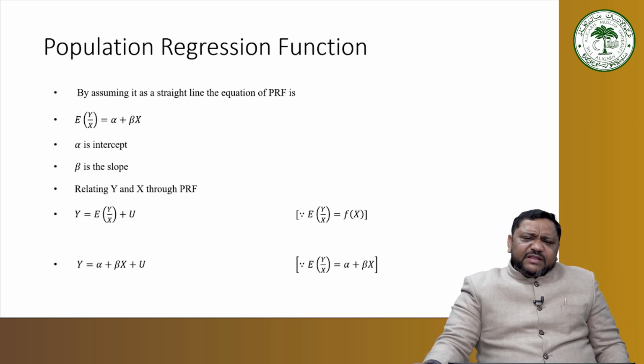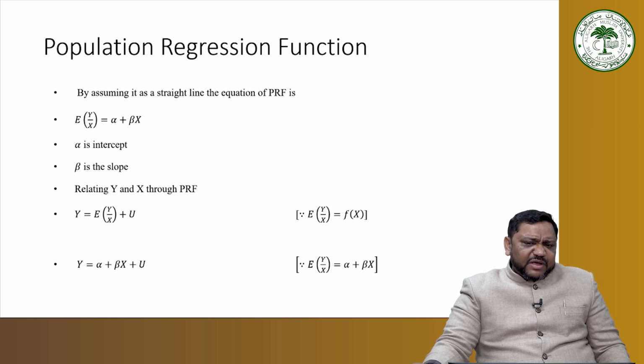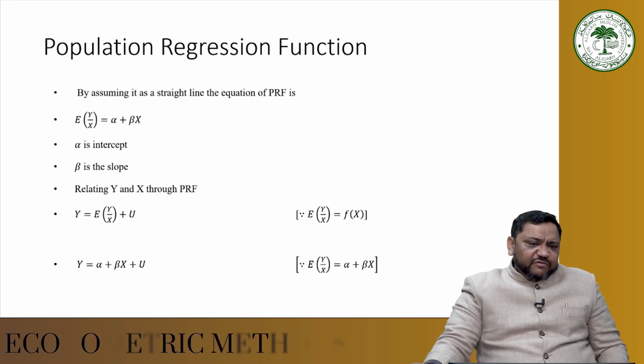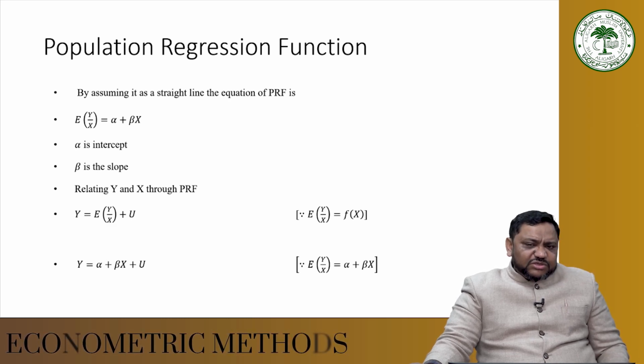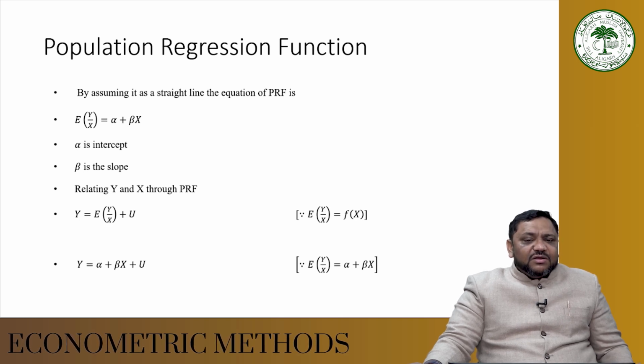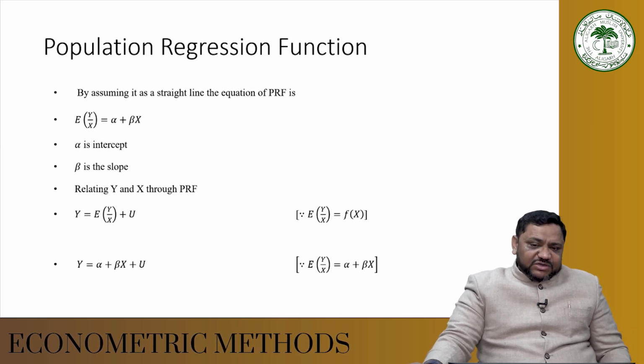Now we can say that the expenditure of an individual family, given its income level, can be expressed as the sum of two components. The first one is the expected value of Y given X, which is simply the mean consumption expenditure of all the families with the same level of income. This component is the systematic or deterministic component.